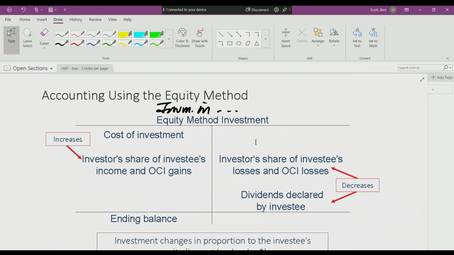Okay, we're still going to use a T account called the investment in, but the accounting is going to be a little bit more complex because in this case, under equity method accounting, we have to treat this investee as family. They're not necessarily so close to us like a spouse, but they're kind of like a distant cousin. And so whenever good happens to them, we get some benefit ourselves. Whenever bad things happen to them, we feel kind of bad, right?